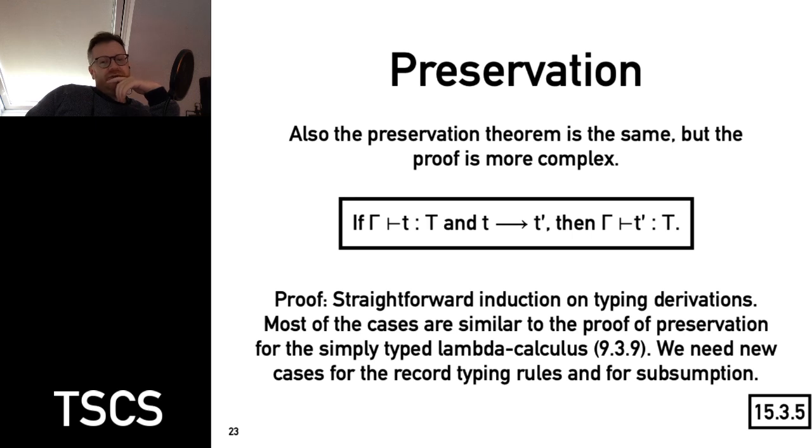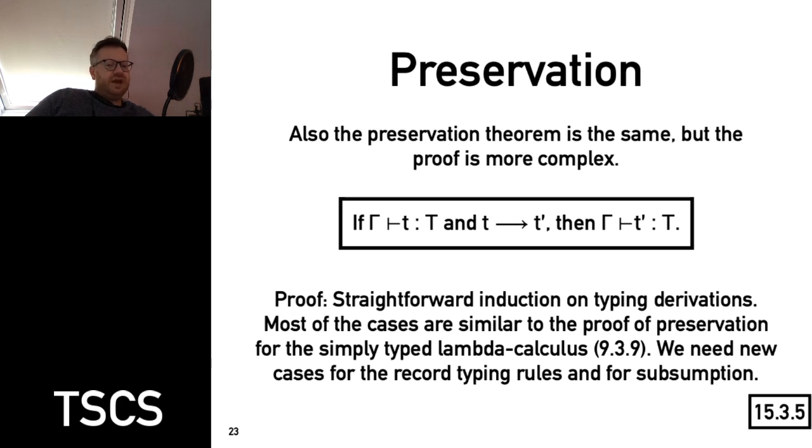Preservation. Also, the preservation theorem is the same. The proof is more complex, same thing as with substitution. For preservation, this does not need to change. This is still a good property. Most of the cases that you now have, because you have new rules, are absolutely similar to the proof of preservation for the simpler typed lambda calculus that we did before.